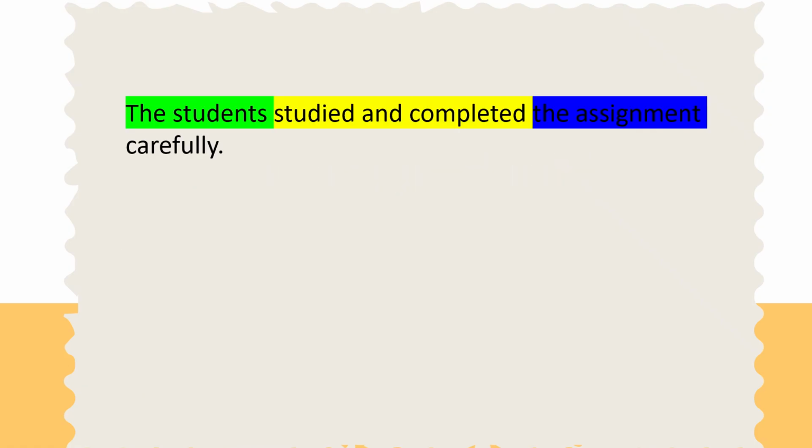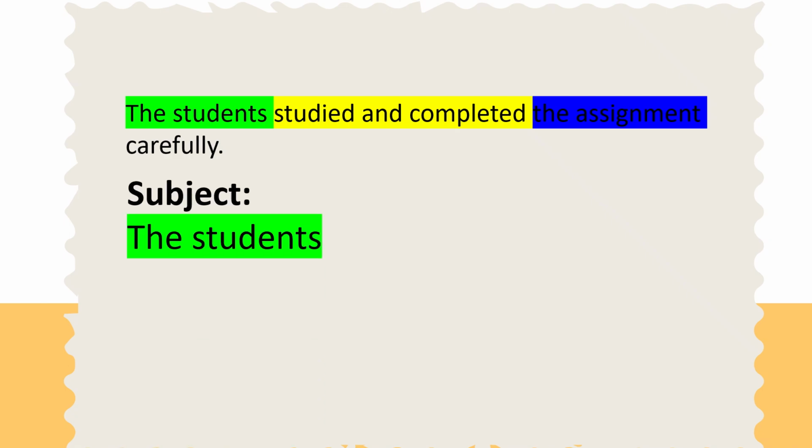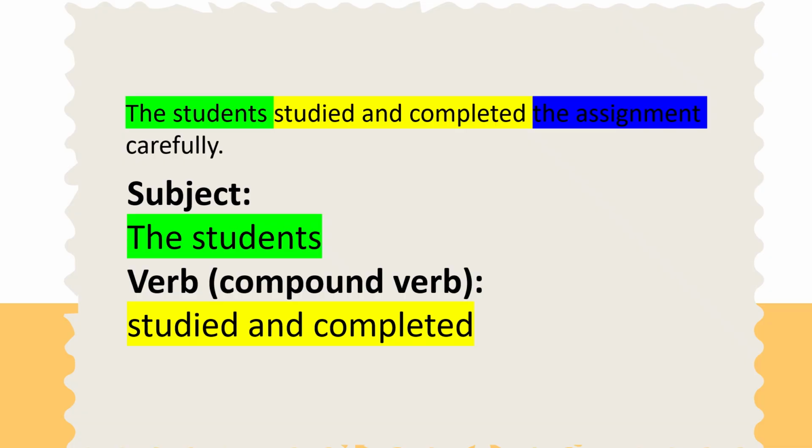Let's analyze this sentence further. The students studied and completed the assignment carefully. Subject is the students. Verb is studied and completed, and this is a compound verb.